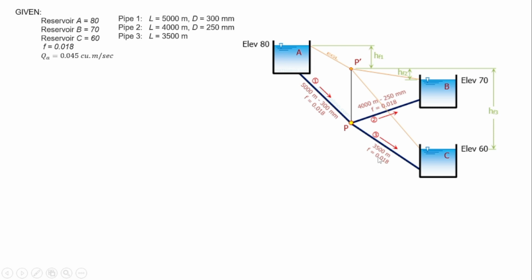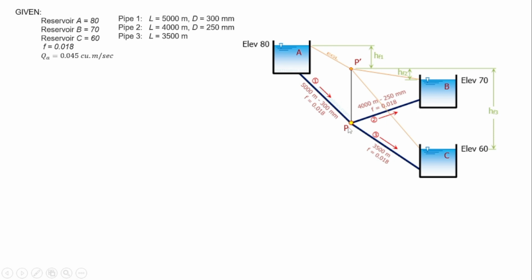The direction of flow from junction P to reservoir C is also going downward. But for reservoir B, we don't know the direction of flow exactly, so we are going to assume that the flow from junction P is going to reservoir B.